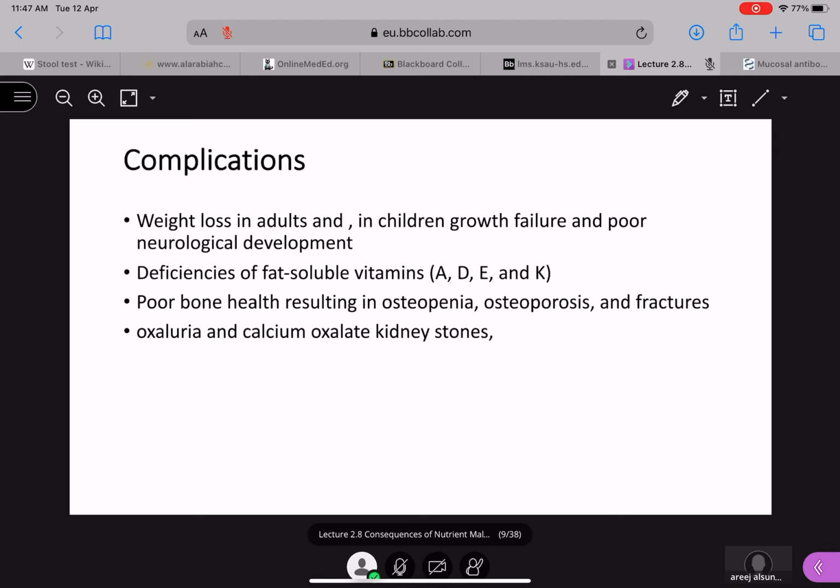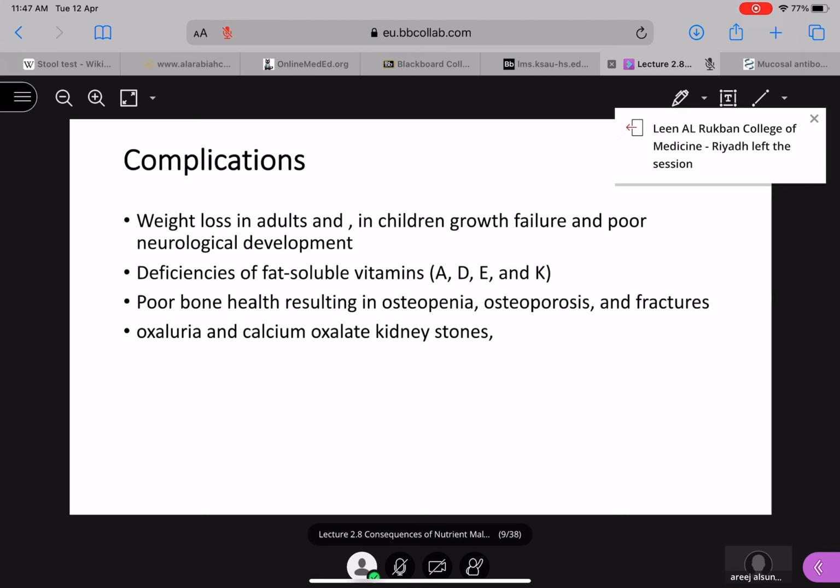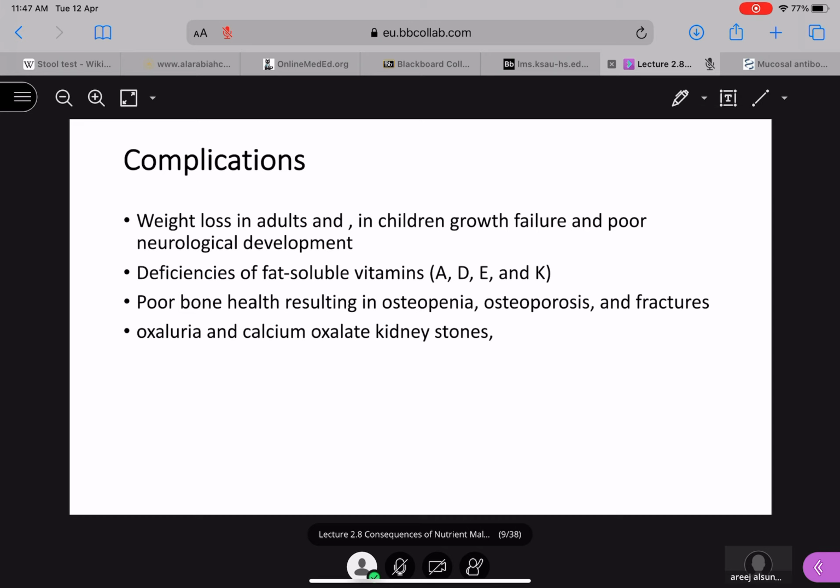So malabsorption will result in weight loss in adults and growth failure in kids with poor neurological development. And this will result in deficiency of vitamins A, D, E, K, which are the fat-soluble vitamins. ADEK are our fat-soluble vitamins.